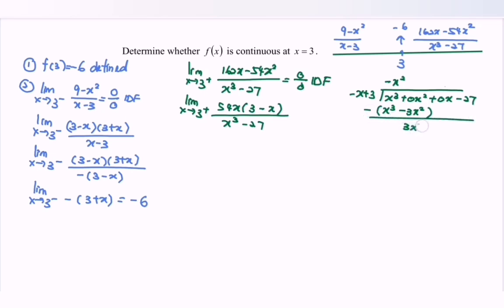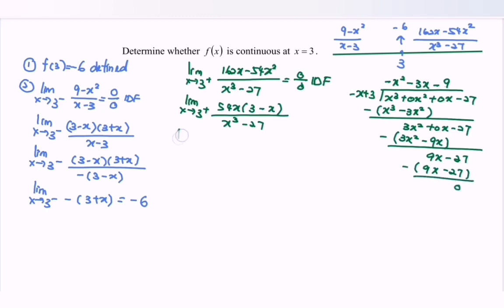We have 3x squared plus 0x minus 27. Then we have negative 3x. So continue: 3x squared minus 9x. Continue: 9x minus 27. Negative, we have 9. So in here we have 9x minus 27. So the remainder will be 0.